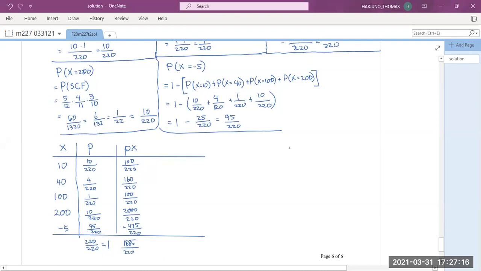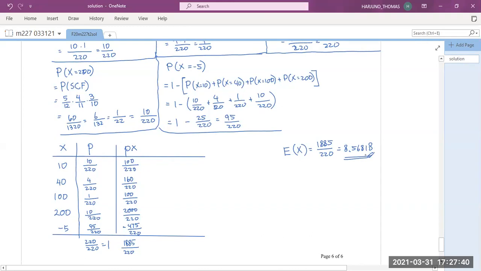So let me write it aside here. The expected value of the payout, the expected payout, will be 1885 over 220. That is 8.56818. And that is a positive expected value.